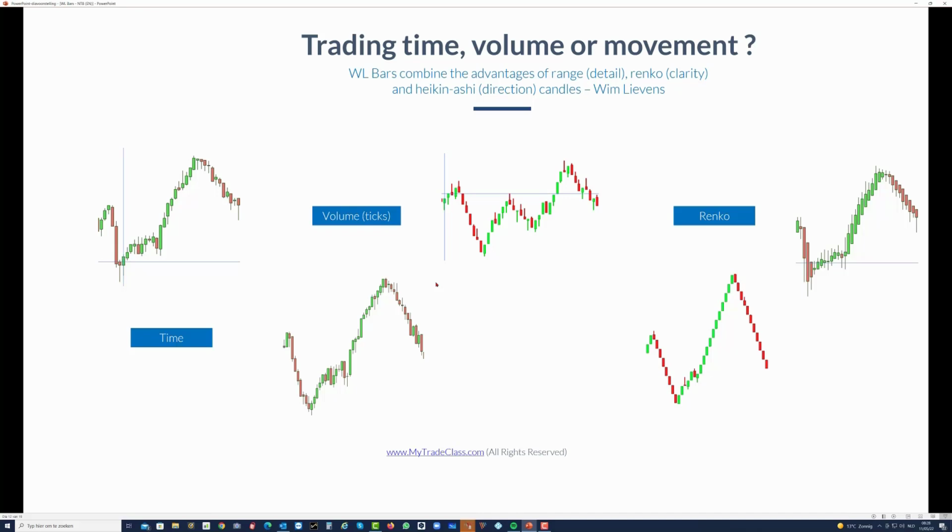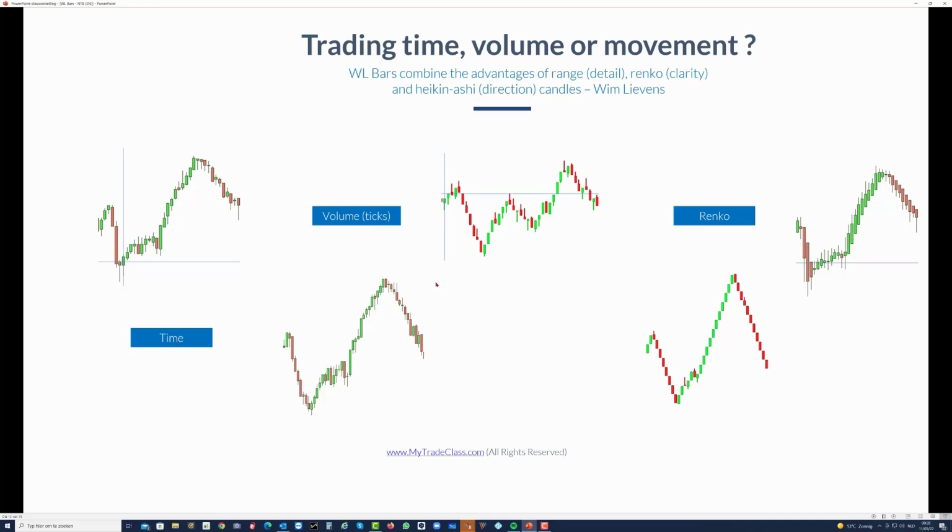For example, I think in range bars there's a little bit too much noise, and renko is very clear. The clarity is very good, but not enough detail. And heikin-ashi, the advantage there is, of course, it shows these trends, these moves very smooth and very clear. But the problem I have there is that not all bars are the same size. So you still have these very tall bars, and that is something that I would like to avoid.